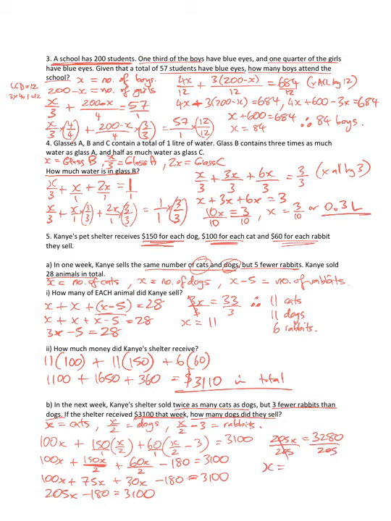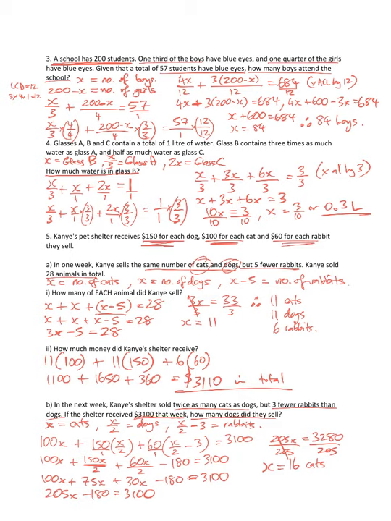X is going to be, just grab my calculator. Remember, you don't get a note sheet, but you get a calculator. 3280 divided by 205. X is going to be 16. 16 cats.